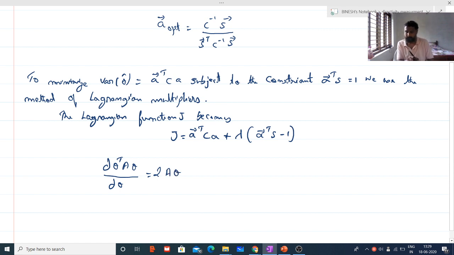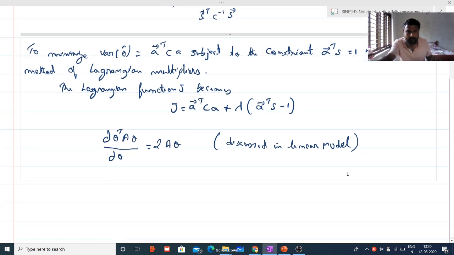We have discussed this in the properties of the linear model. So you just verify that; I am utilizing this here.